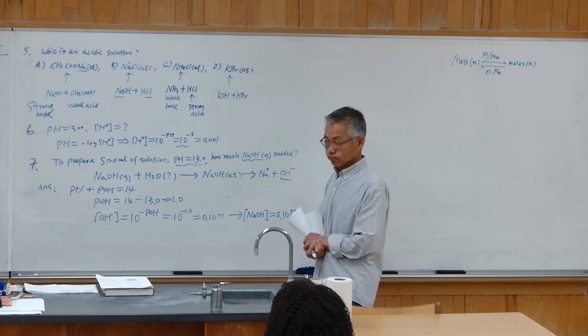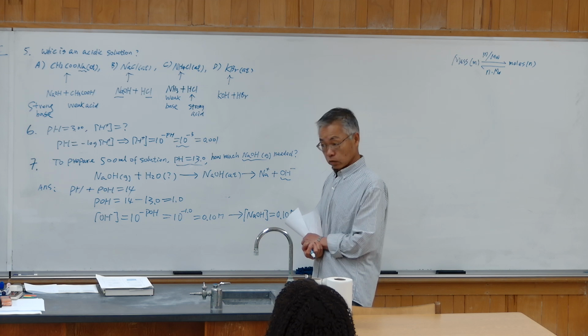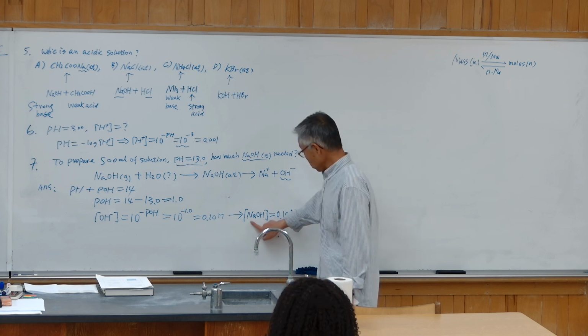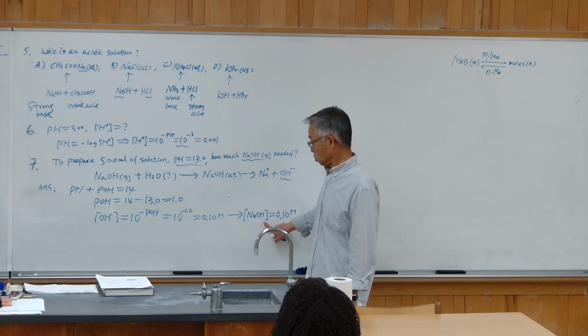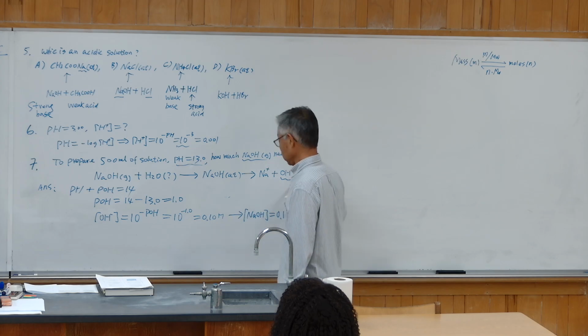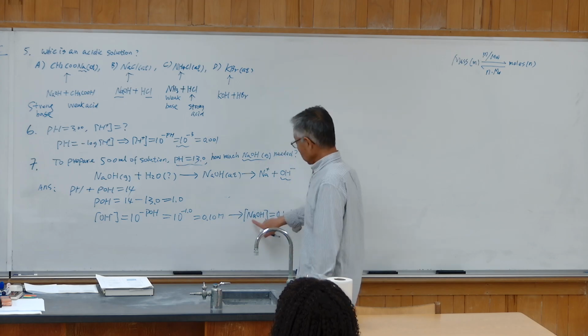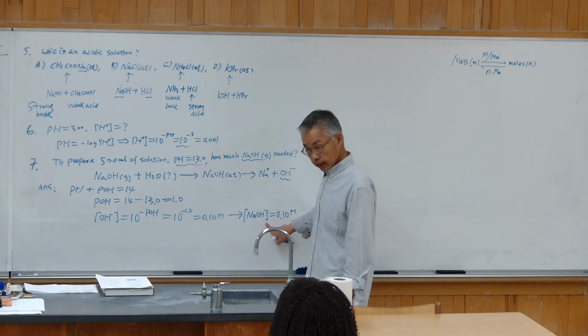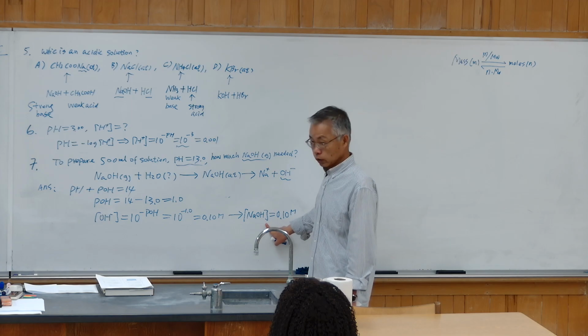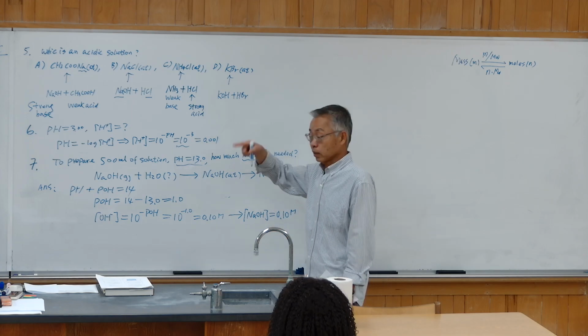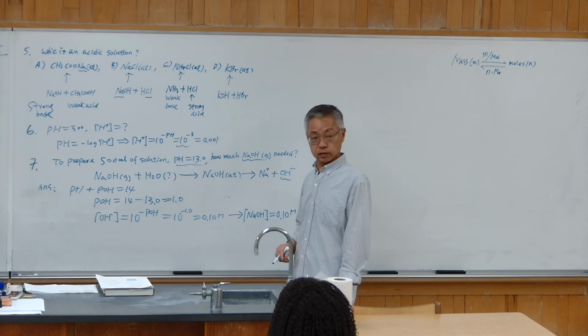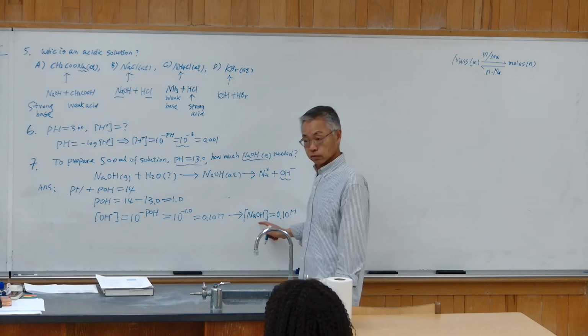This is a strong base in water, so NaOH no longer exists in water. It completely breaks down. What I write here means the initial concentration of NaOH, because we want to calculate how much solid NaOH is needed.